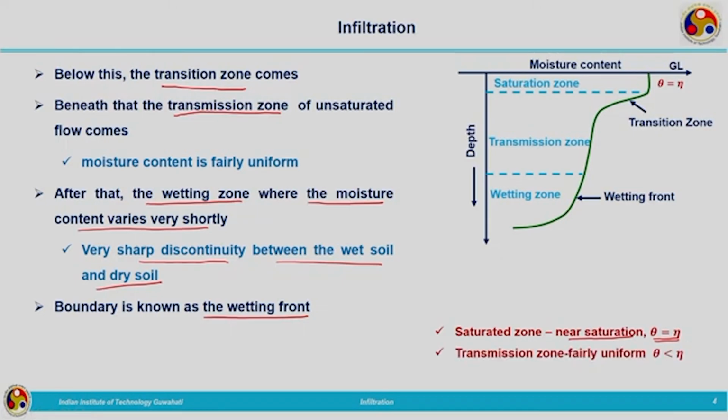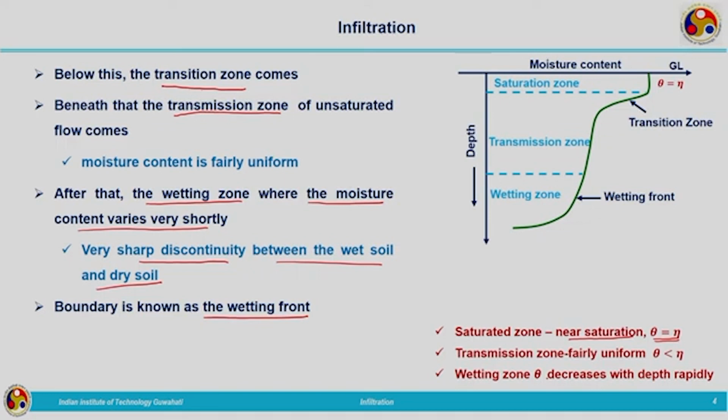Then the transmission zone, not the transition zone, which is a very temporary region, lies beneath it. Within the transmission zone, even though theta is less than eta, it is more or less uniform. And in the wetting zone, theta decreases rapidly with depth. There is a sharp variation in the moisture content as the depth increases.